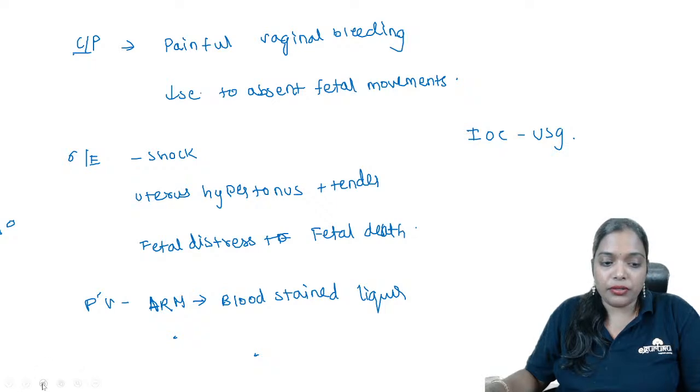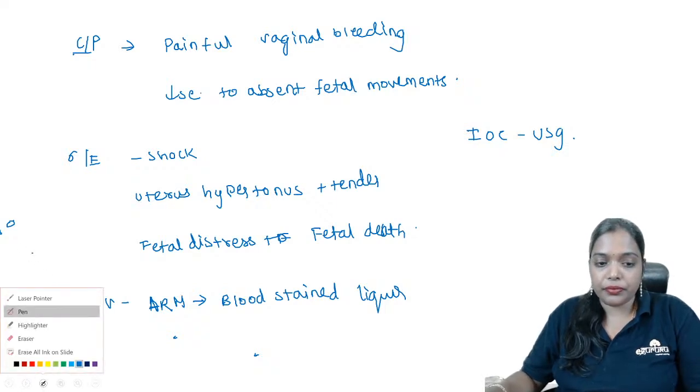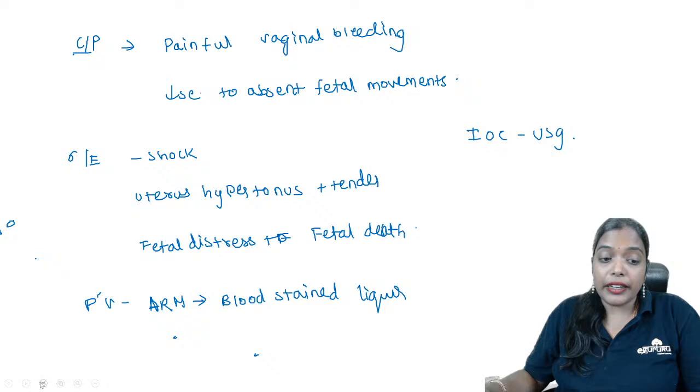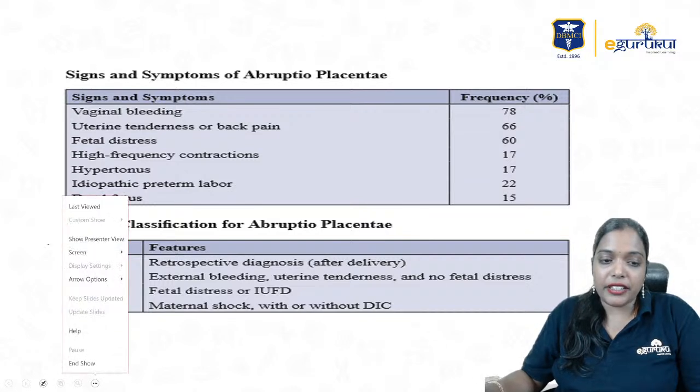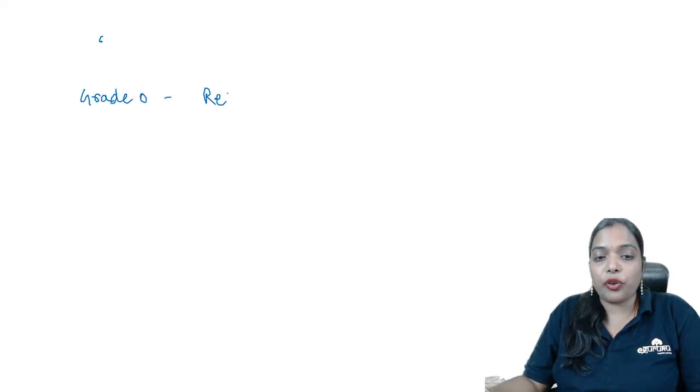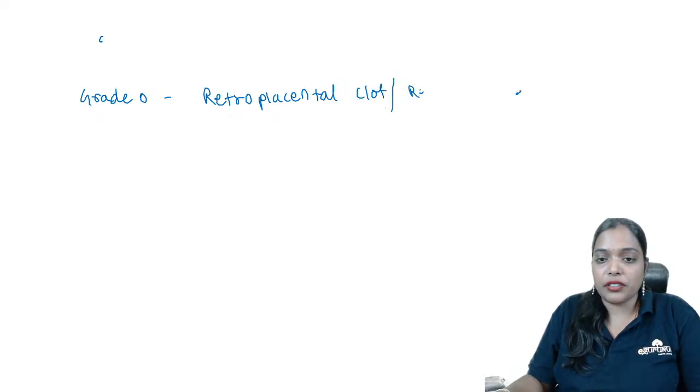Next, coming to the grading. So you also have a grading for abruption, that's called Page grading, guys. Page grading starts from grade 0. Grade 0 is retroplacental clot, or retrospective diagnosis.